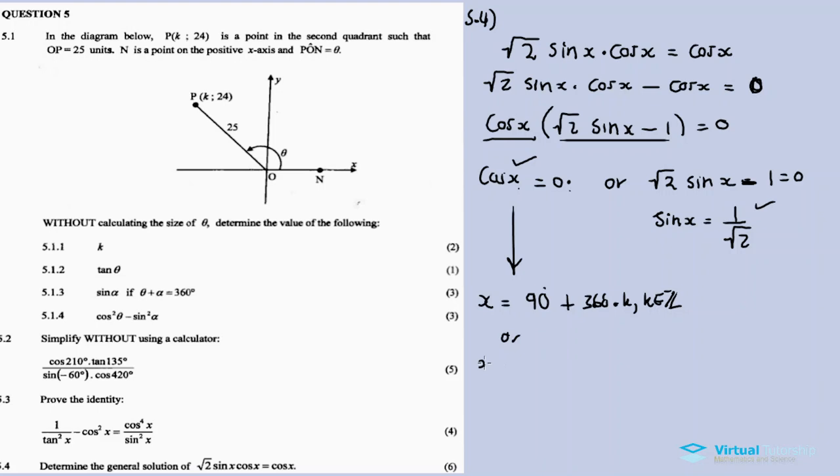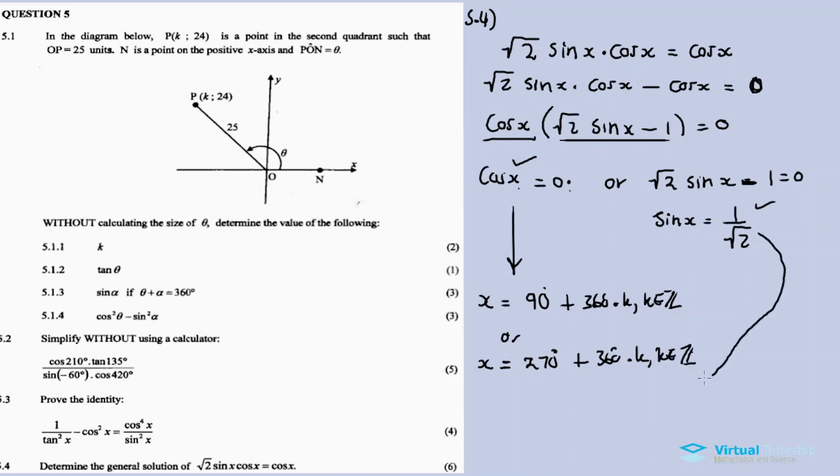Or where else is the cos x graph equal to 0? We get 0 whenever x is equal to 270 plus 360 degrees times k, where k is an element of integers.